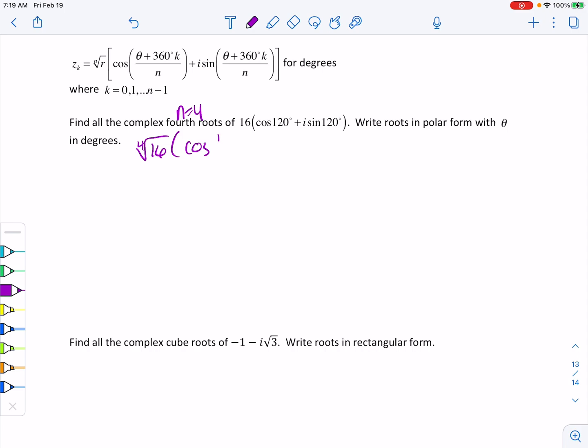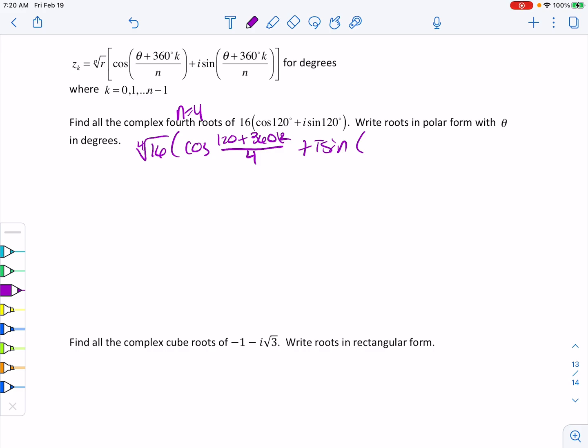So our theta, which is 120, plus 360k, and I'm leaving that k value in for right now, and then we'll plug it in just a minute. And then we're dividing by our n value, which in this case is 4. Then we get plus i sine of the same thing, which is 120 plus 360k divided by 4.